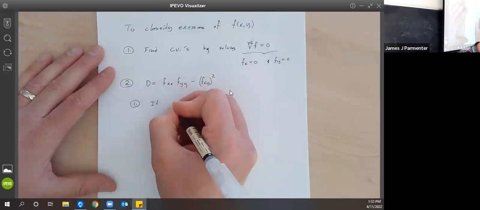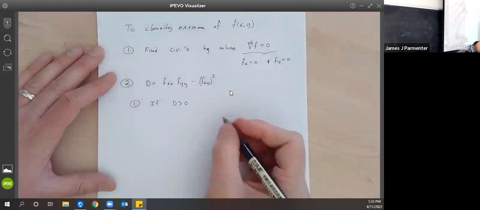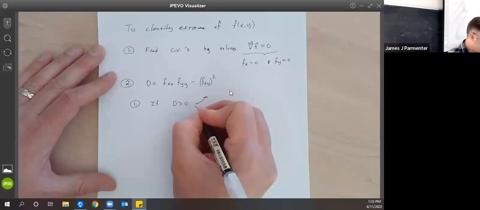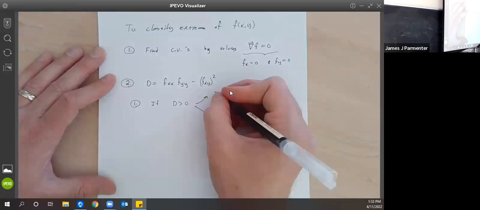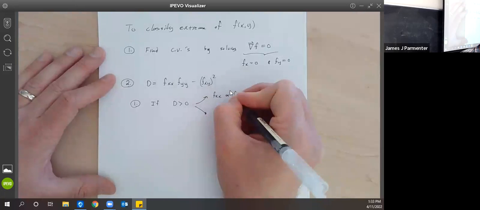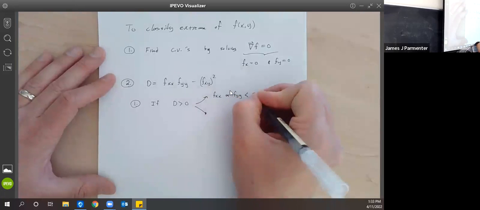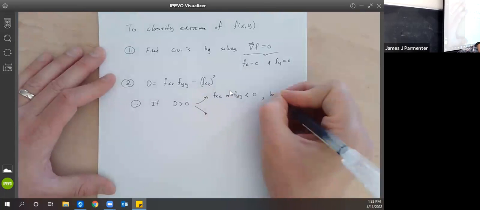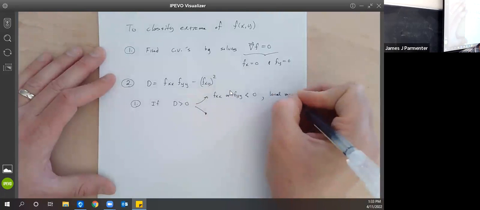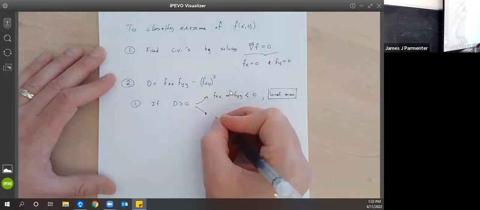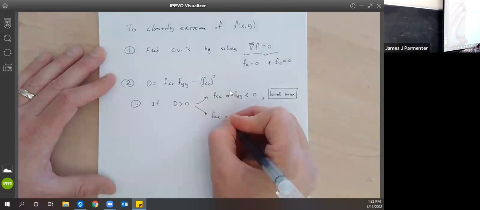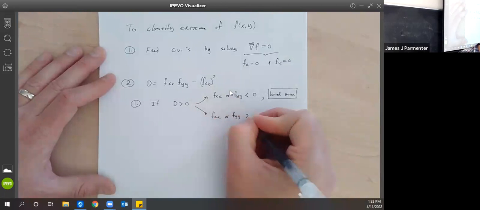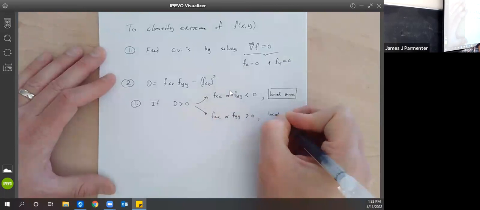If D is positive, then you have to check one more thing. If either fxx or fyy is negative, then you have a local maximum. If either fxx or fyy is positive, you have a local minimum.